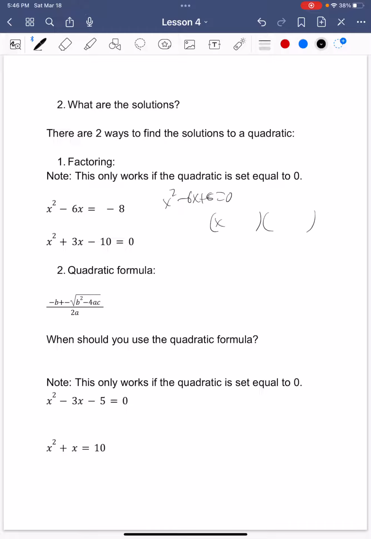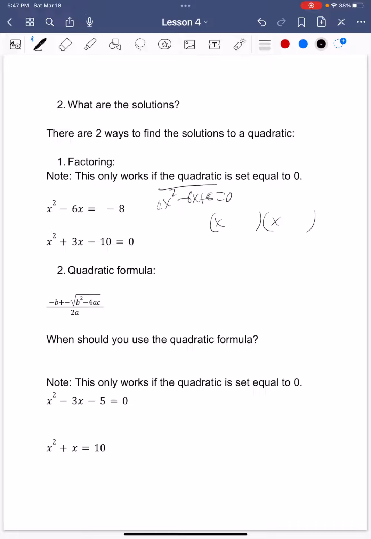Now, the way we factor is we're just trying to get two factors or things that multiply to become this. So we know that x times x is x squared. So if there's a 1x squared, like a hidden 1 here, we have to have x and x in the first part of the bubbles.